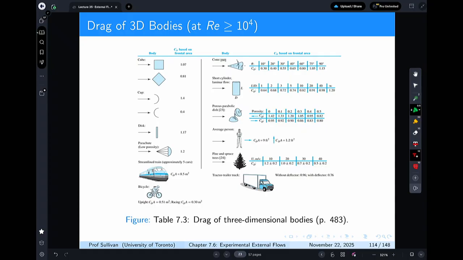Yeah, cylinder on the right, L over D, and you have an L over D that goes from 1 all the way to infinite. And you can see that it goes to 1.2. It sort of gets to a minima at around L over D of, I'm going to say, 2. Or no, 1. L over D of 1. Sorry.